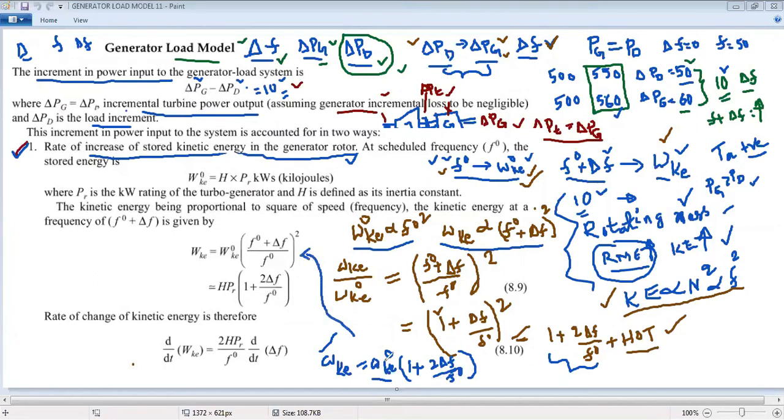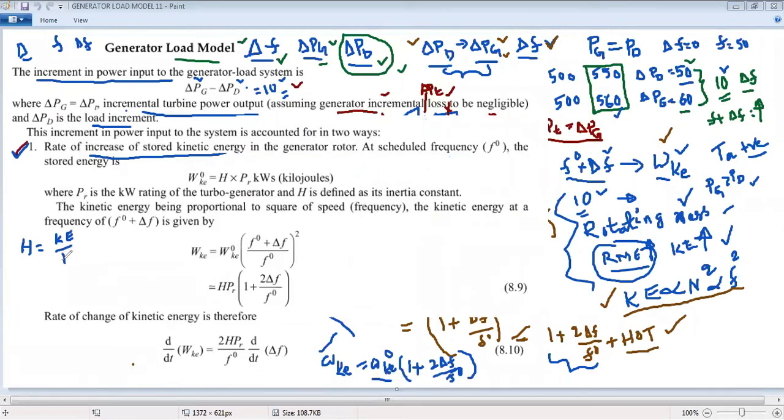Now, what is the Wke naught here? To find that, you may recall one equation: the inertia constant H is given by the kinetic energy divided by the rating of the machine, PR.